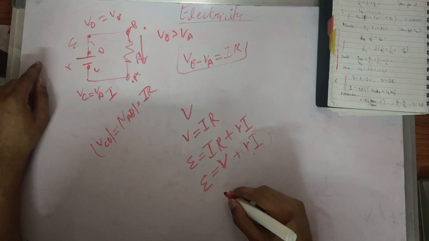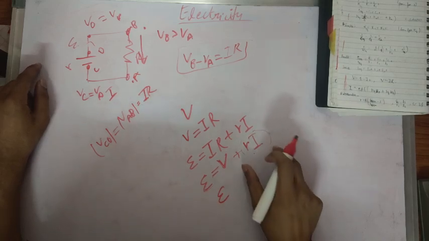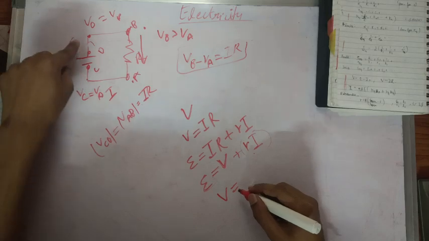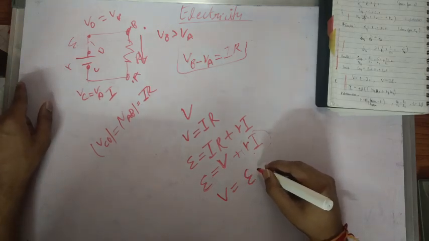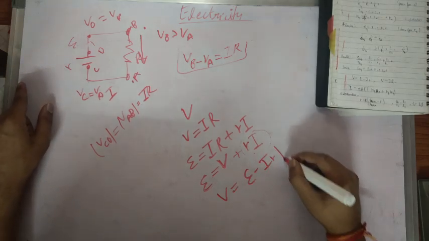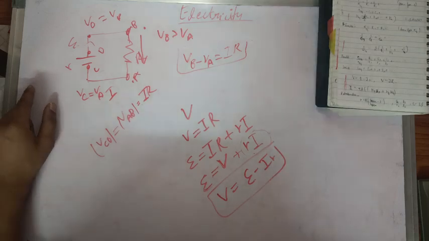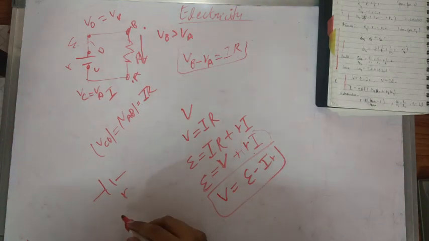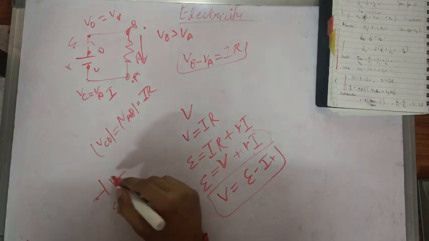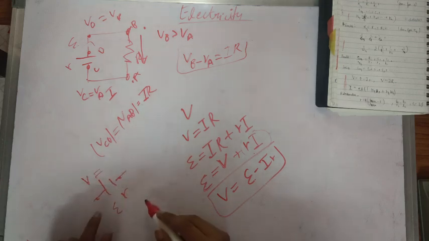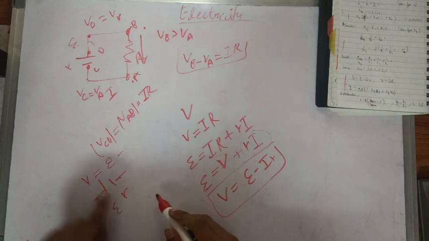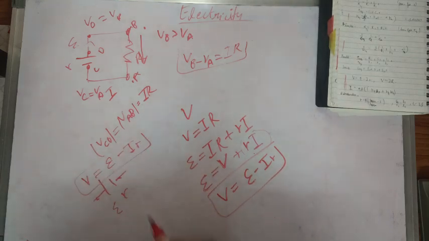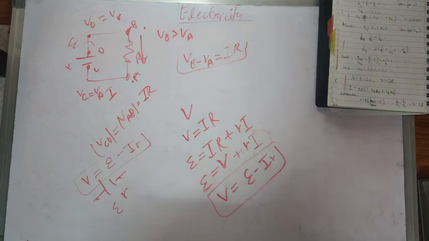Now the EMF of the cell is the sum of these two, or we can say the potential difference across the cell would be equal to E minus Ir. When there is current I flowing through the cell, if there is a cell with internal resistance r and EMF E, then the potential difference between the two ends V would be equal to E minus Ir.